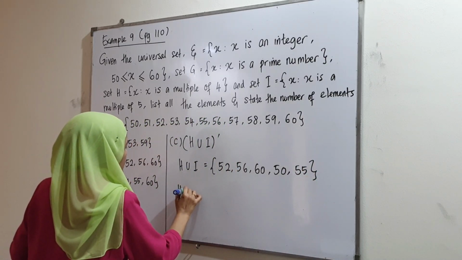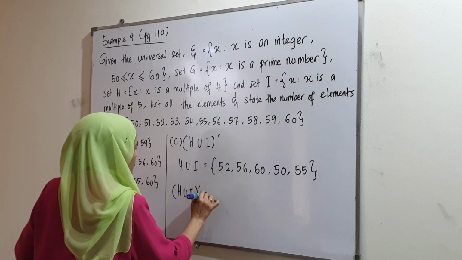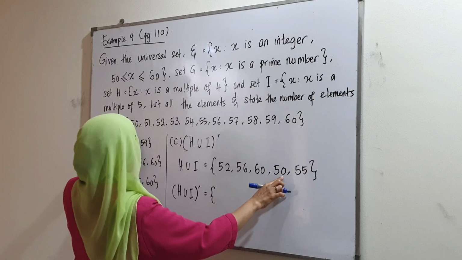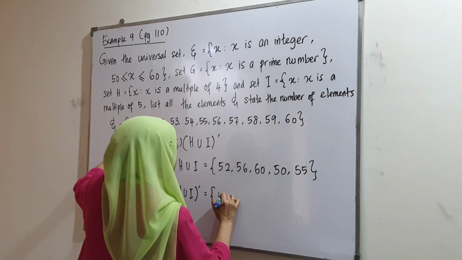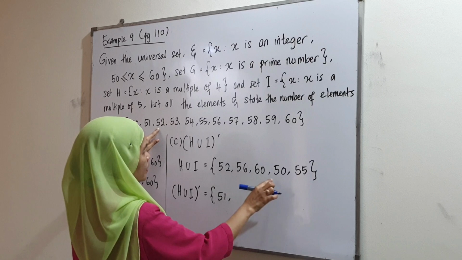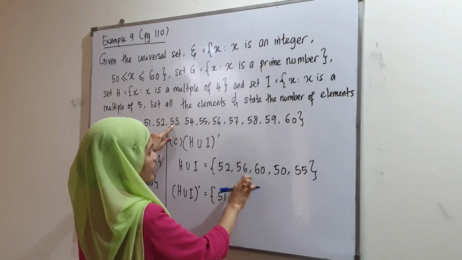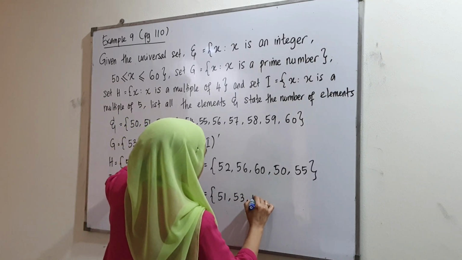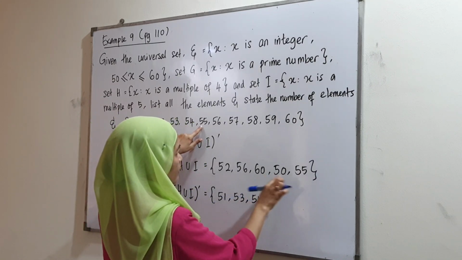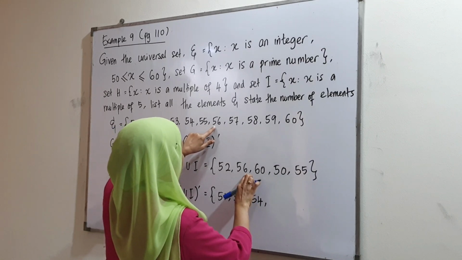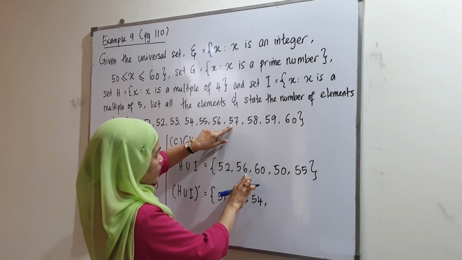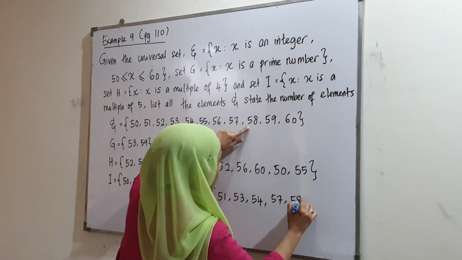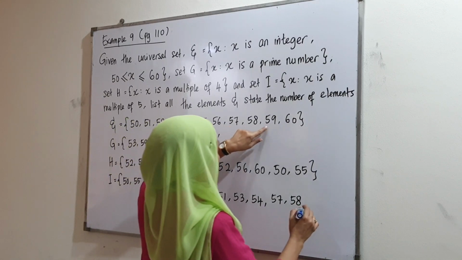So (H union I) complement. 50 has, cannot. 51 don't have, so list the 51. 52 here, yes. 53 don't have, so write 53. 54 don't have. 55 got. 56 here. 57 don't have. 58 don't have. 59 don't have.